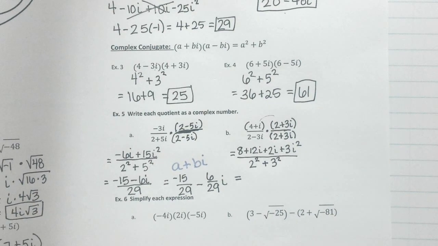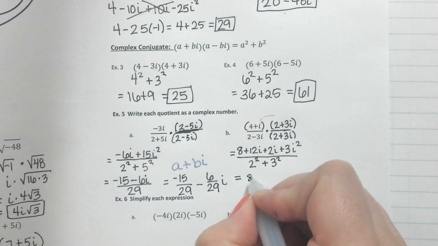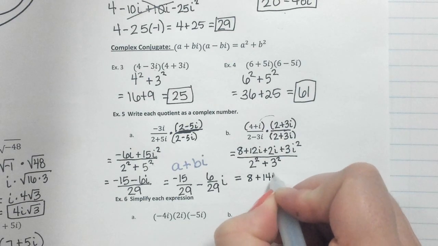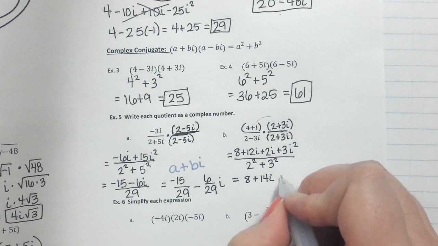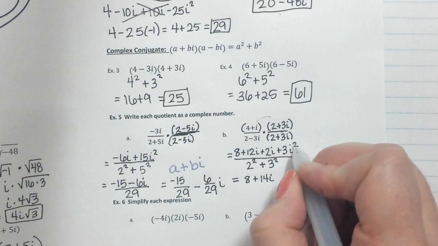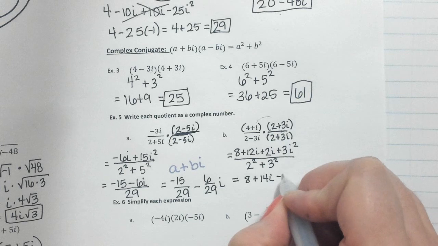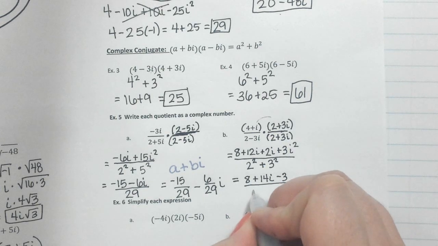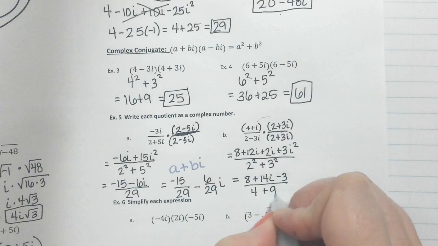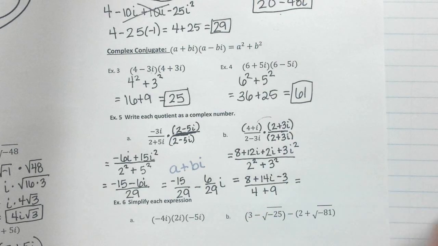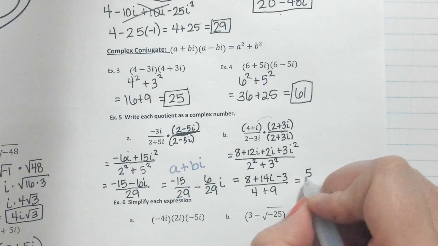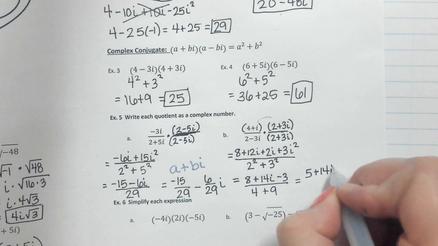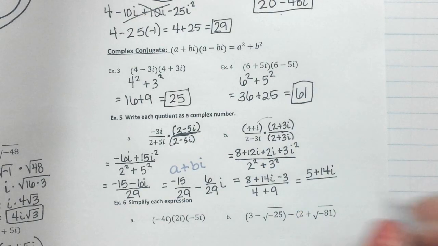Okay, simplify that down. I have 8 plus 14i, and then 3 times i squared, isn't that just going to be minus 3? Over 4 plus 9. So 5 plus 14i over, what's 4 plus 9? 13.